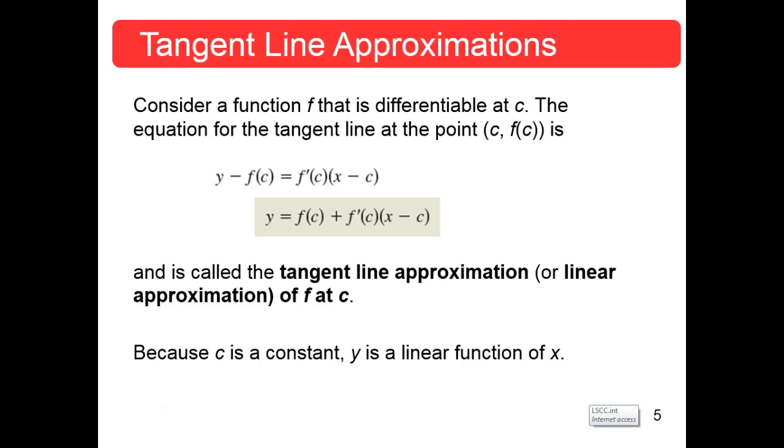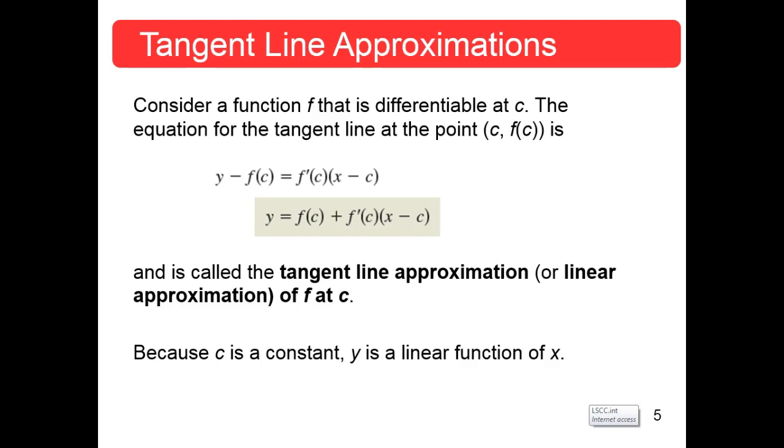Okay? Now, all you have to do is add f of c to both sides of the equation, and then you have y is equal to f of c plus f prime of c times x minus c. Okay? Fine. For that point, x equals c, that is the tangent line.